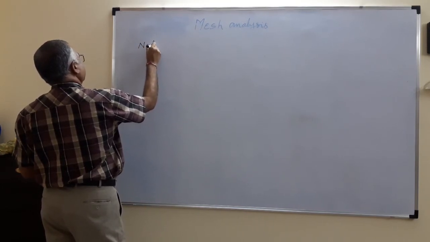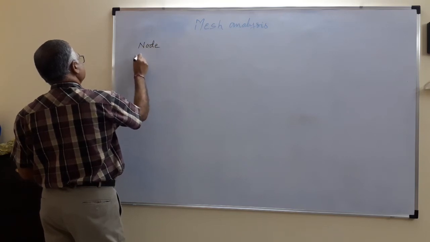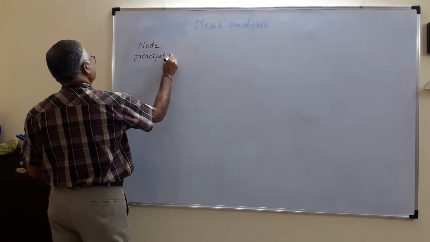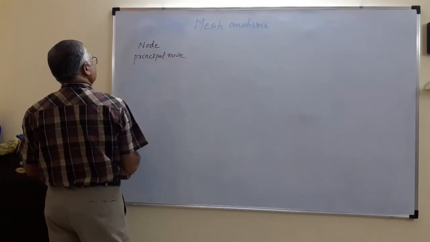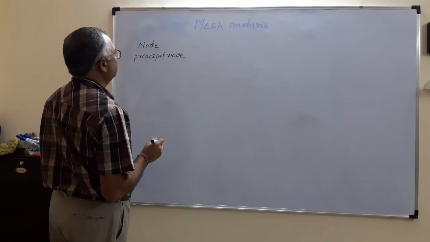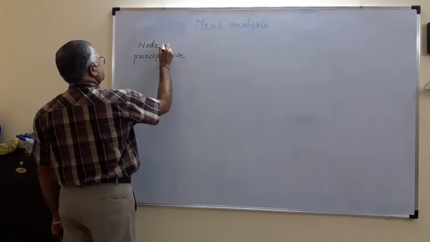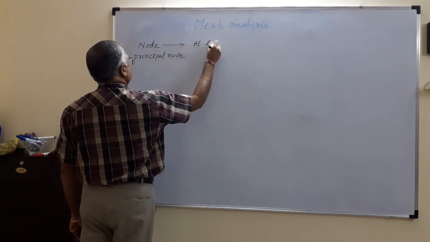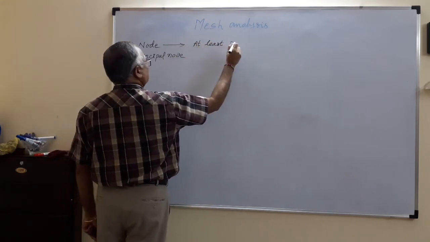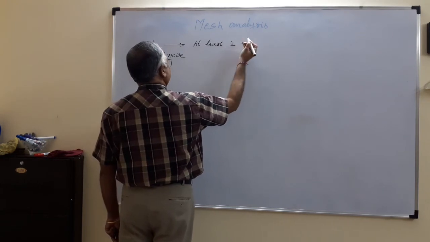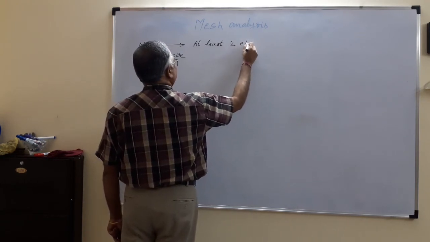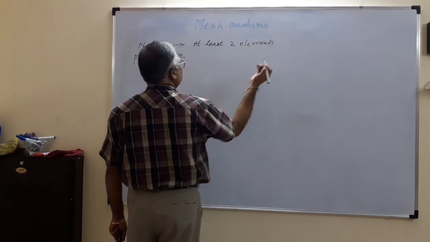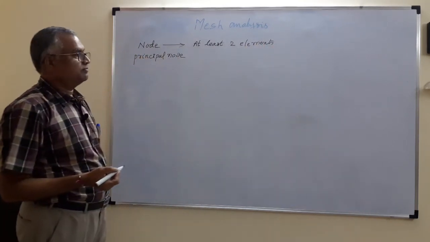Till now we studied node and principal node. What is the meaning of node? At least 2 elements connected. Elements can be voltage source, RCL.